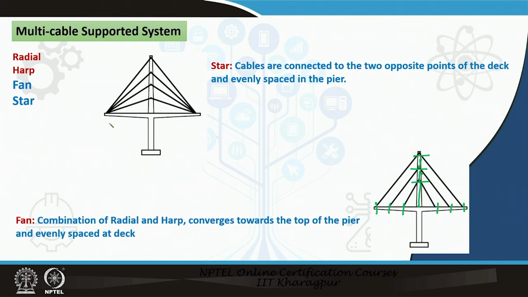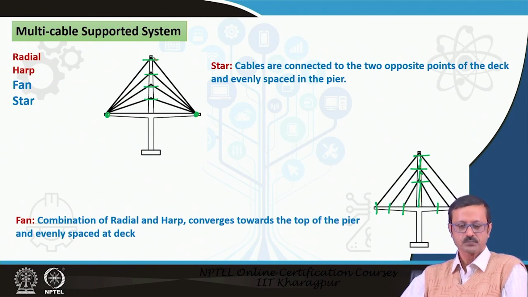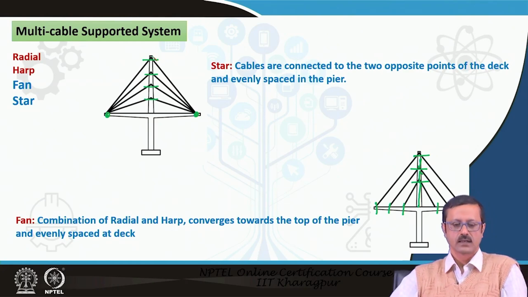Till now what we have seen is that we put the deck, there are a lot of division points in the deck, but here we take the load of the deck from a single point, but we distribute the connectivity at the pier level at various, or equally spaced, vertical levels, and that creates another convergence, not in the pylon, but at the two extremities at the deck. So we can say that the star is almost the reverse of the radial kind of thing.